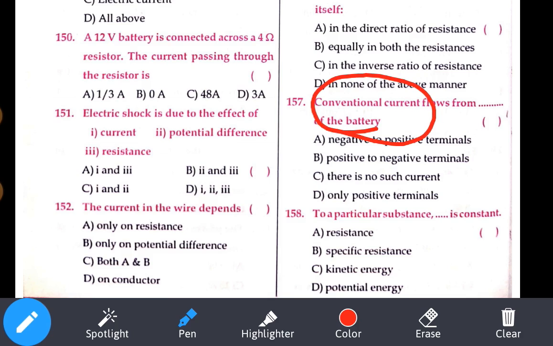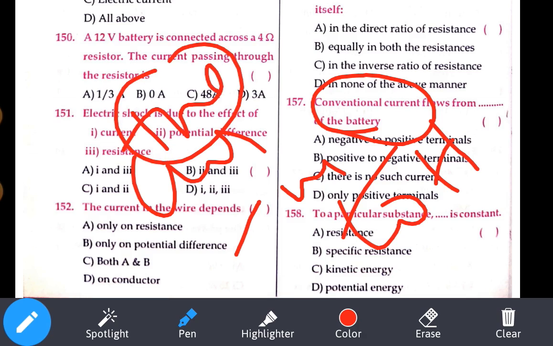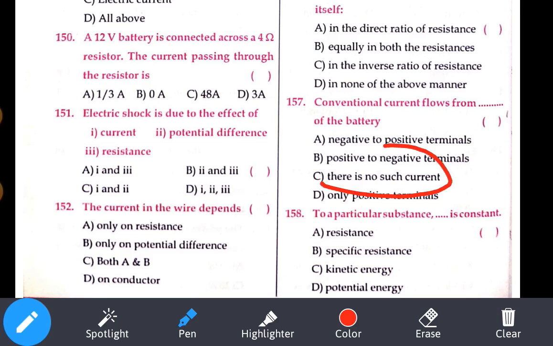If electric current flows through the battery, current flows from the negative terminal to the positive terminal, lower potential to high potential. But if you consider, for assumption, that a positive charge moves, it moves from the high potential region to low potential, or positive terminal to negative terminal. So it's an assumption, conventional current. There is no such current actually. Understood.